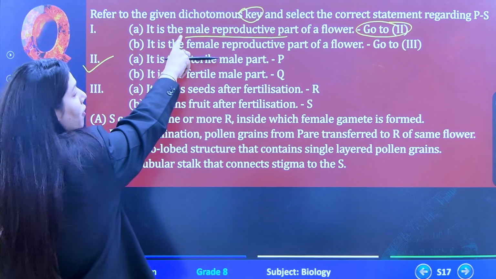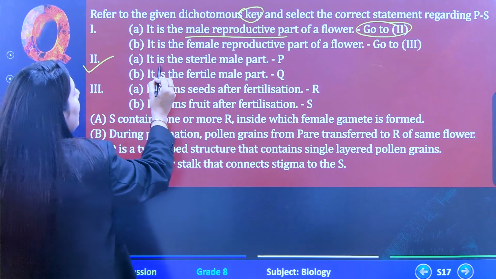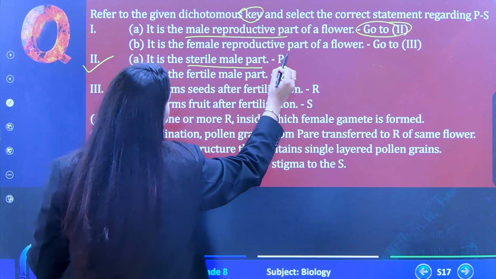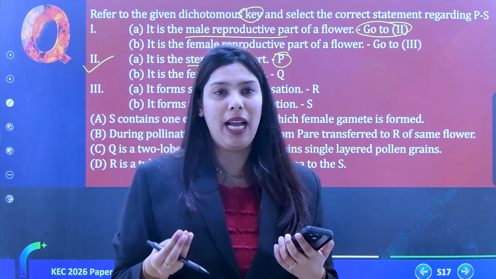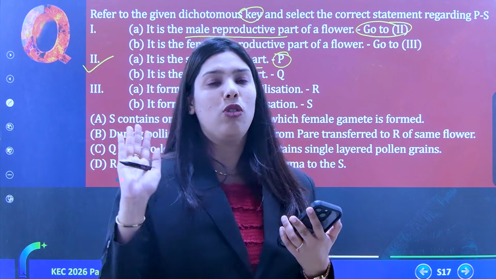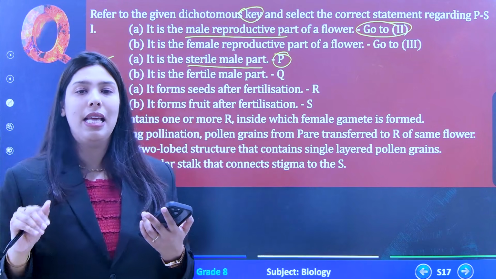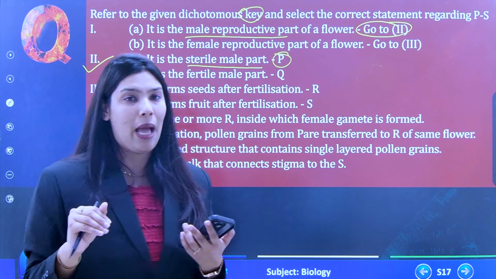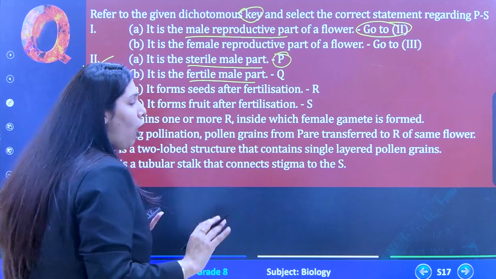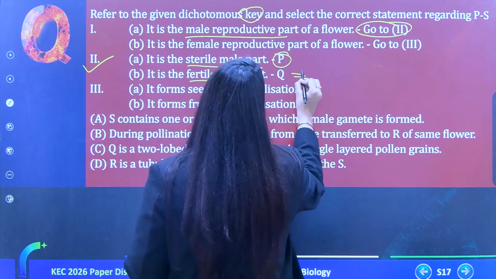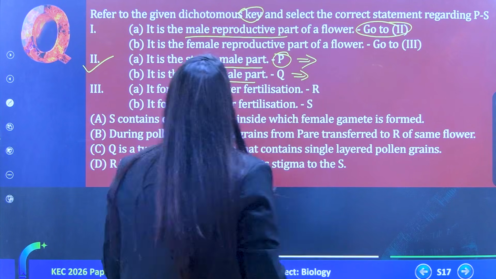In continuation of that first statement, they are telling that it is a sterile male part, P. Sterile and fertile are two terminologies. Sterile means those which don't produce gametes, and there is one part which is producing gametes. Then they are telling it is a fertile part of the male. Now you all tell me what is the sterile part and what is the fertile part.